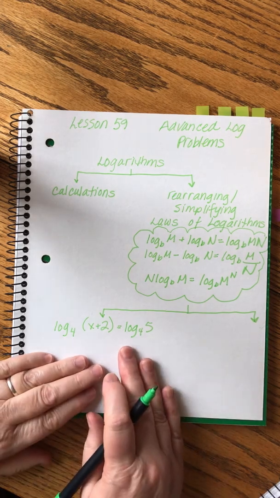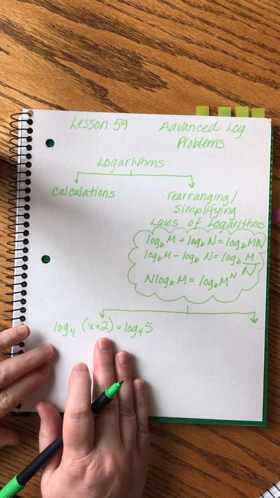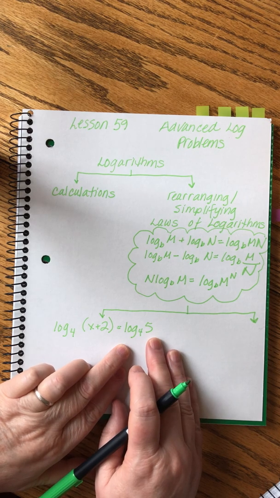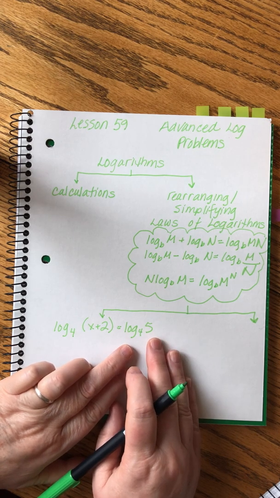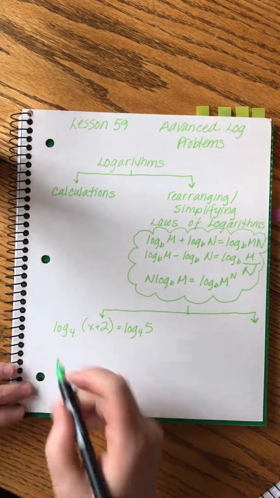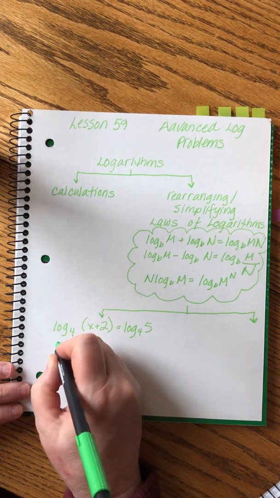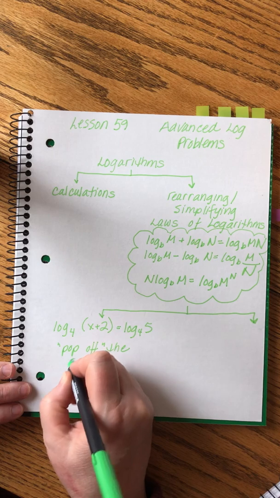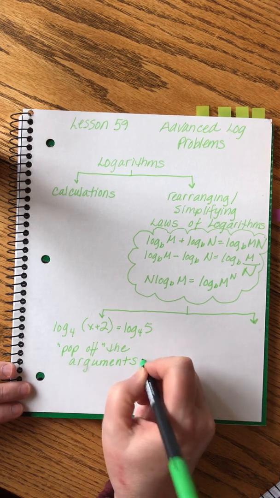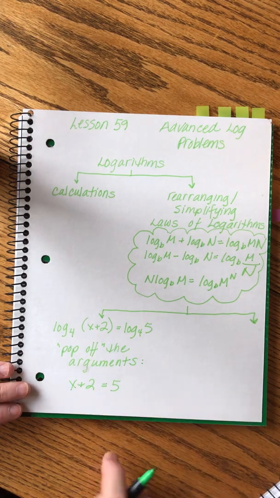The situation here, if you'll notice, is that we have a single log expression on the left, a single log expression on the right. In this situation, we can pop off the arguments. And what I mean by that is that we can say x plus 2 equals 5.